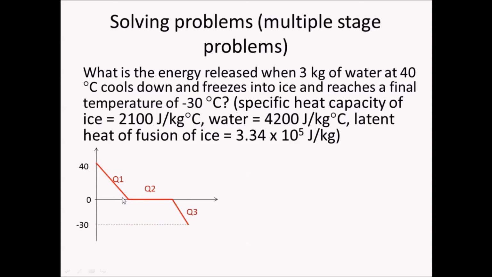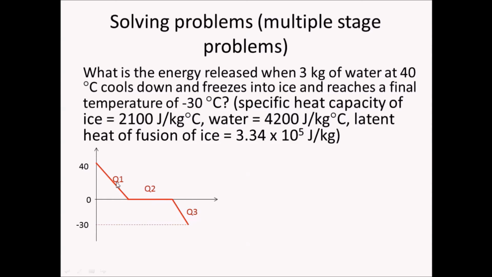So again, if you draw the curve, you will understand that this question is a 3-stage question: Q1, Q2, and Q3. Straight away from this graph, you know that Q1 and Q3 are changes in temperature, and Q2 is a change in state. During a change in temperature, you use MC delta theta, and during a change in state, you use MLF.